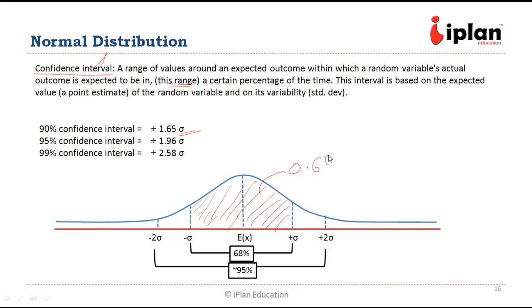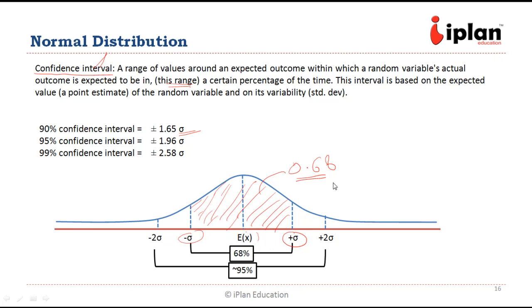In the case of normal distribution, this area is 0.68, since we know the total area is 1. So we know that 68% of the values are going to lie in this range. This range is minus sigma to plus sigma around the mean.